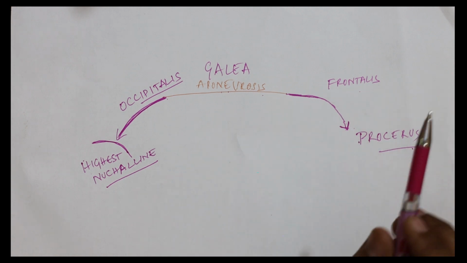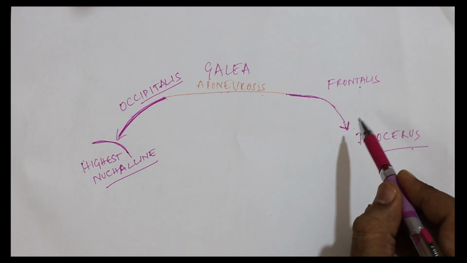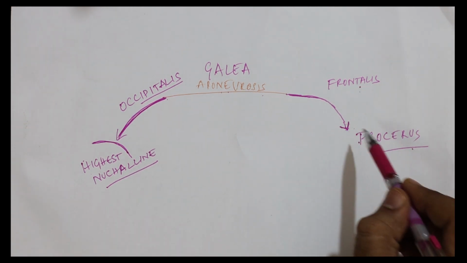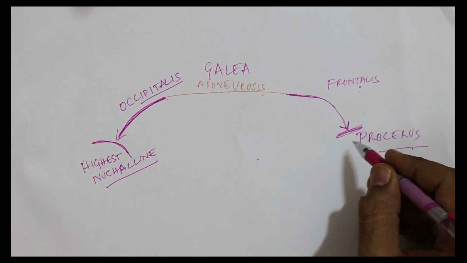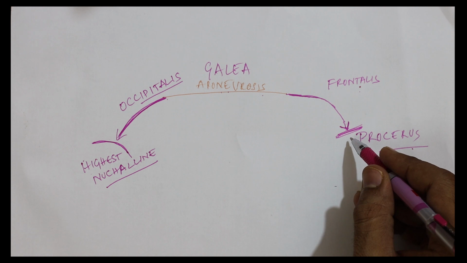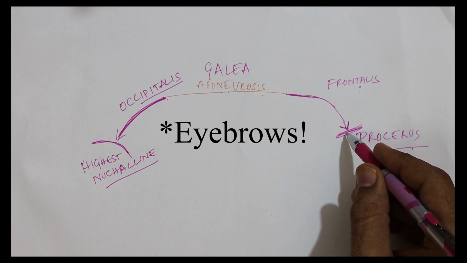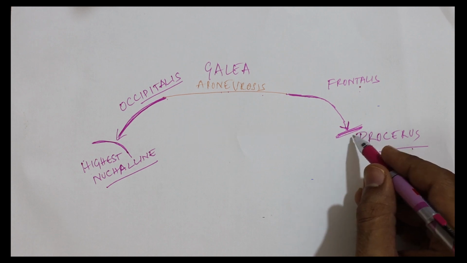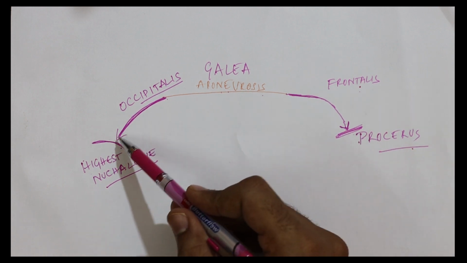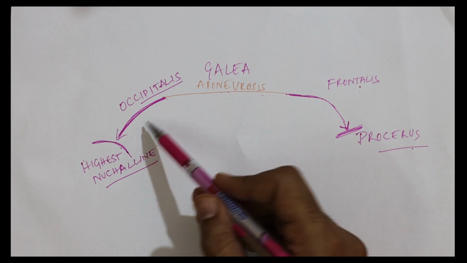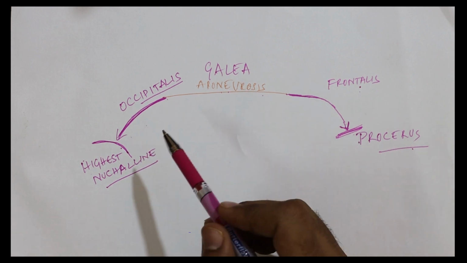So what is the function of the occipitalis and frontalis muscle? When the frontalis muscle contracts, it will pull the skin present in the forehead region, or in other words, it will elevate the eyebrows. It produces horizontal wrinkles in the forehead region. Whereas the occipitalis does the same in the posterior part, not a major function in this region.